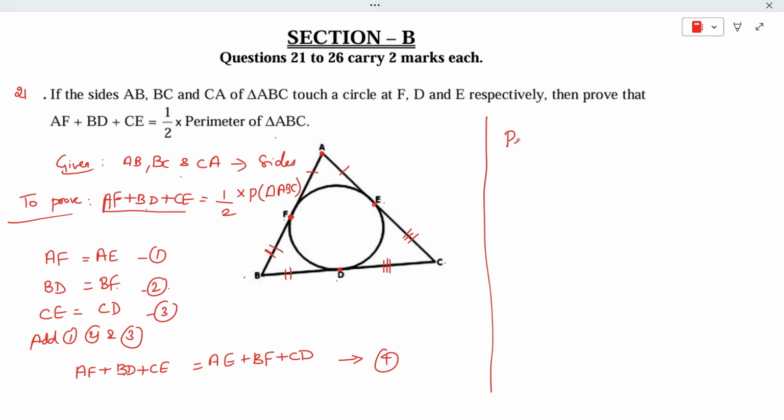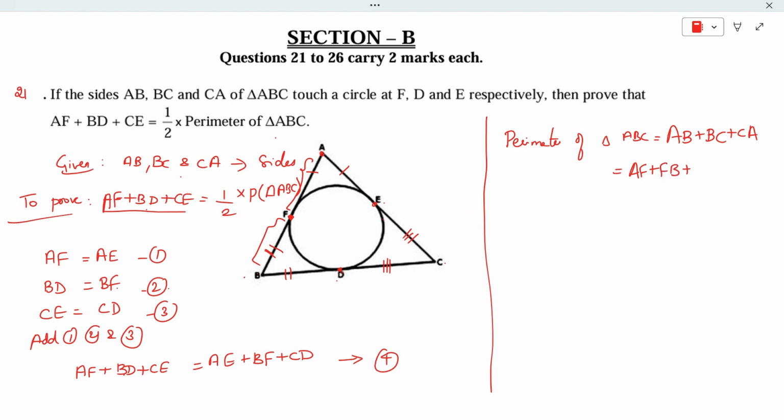So first let me check what is perimeter of a triangle ABC. So the perimeter of a triangle ABC is AB plus BC plus CA, sum of three sides of a triangle, isn't it? So how can I split AB plus BC plus CA? So AB is written as AF plus FB, right? So I'm splitting AF plus FB.